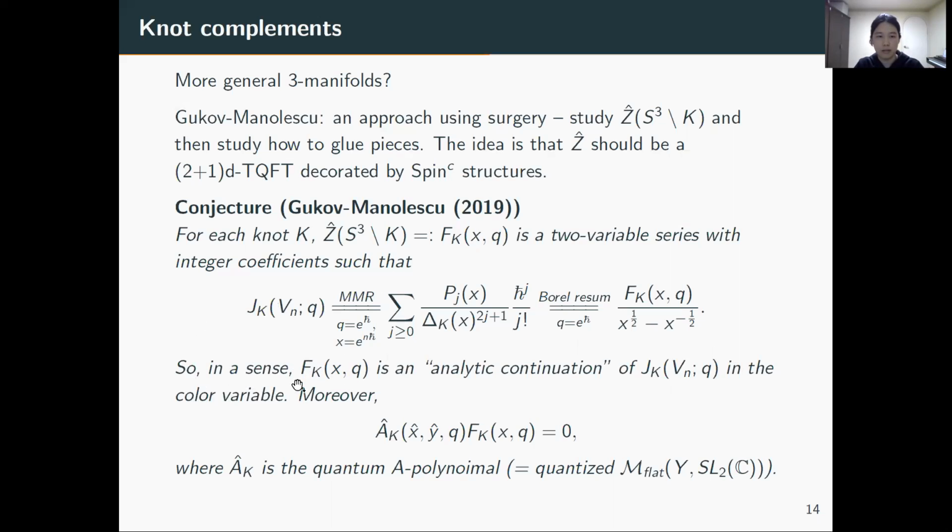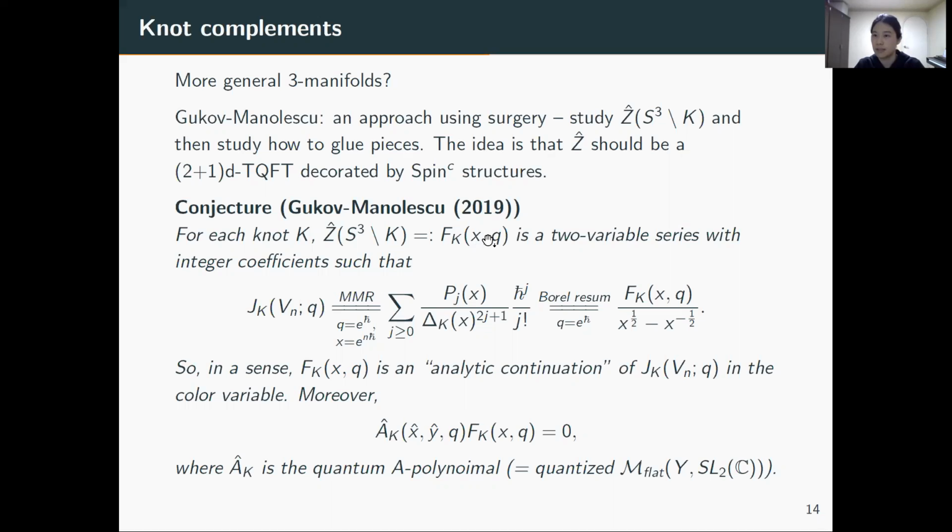There's one thing that I should explain. This x, we didn't have this variable for closed three-manifolds. So why do we have this? Well, there are at least two different ways to understand this.